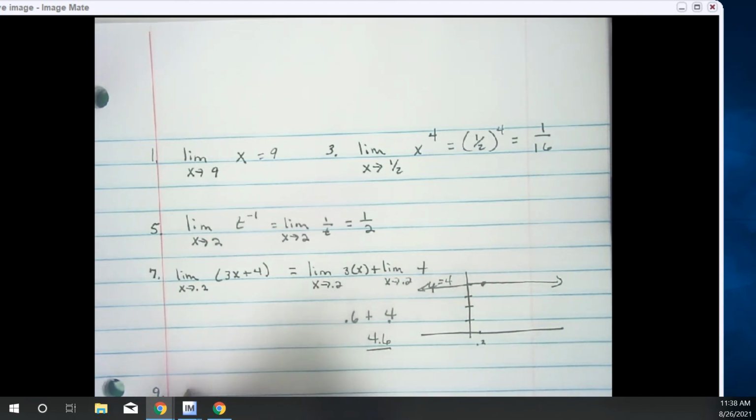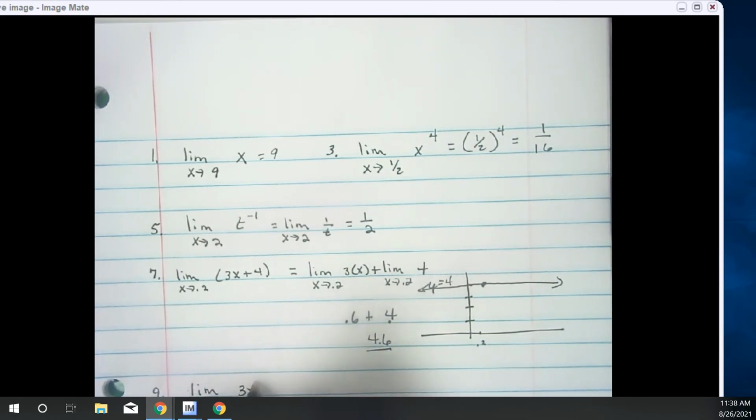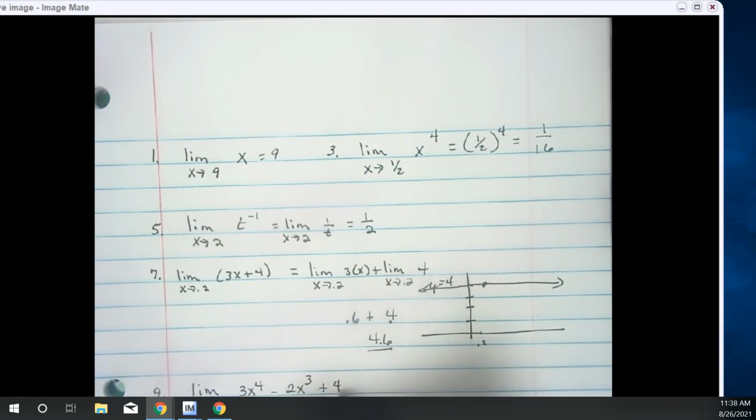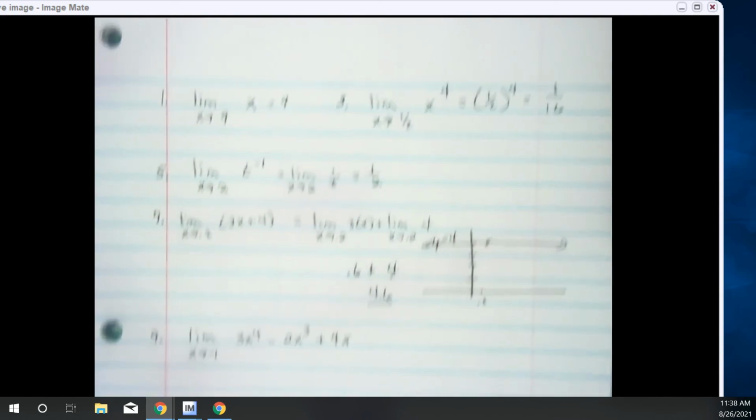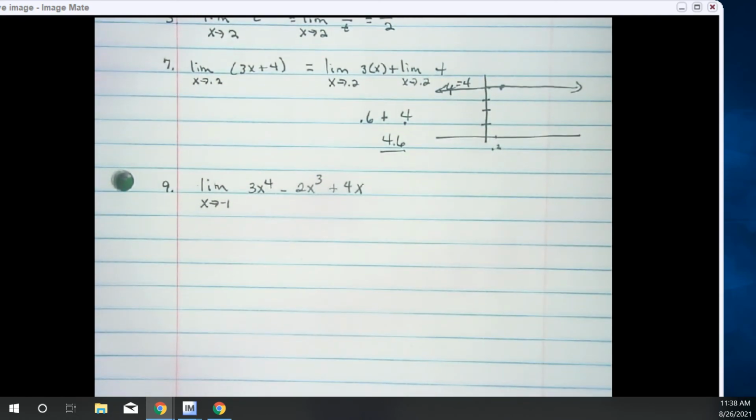All right, let's try this one. The limit as x approaches -1 of 3x to the 4th minus 2x to the 3rd plus 4x. Make it simple.